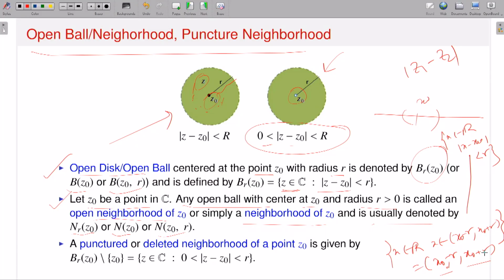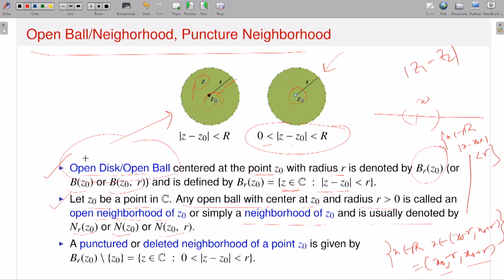The open interval (x0 minus r, x0 plus r) is transferred to the corresponding notion in the complex plane, which is the open ball or open disk.